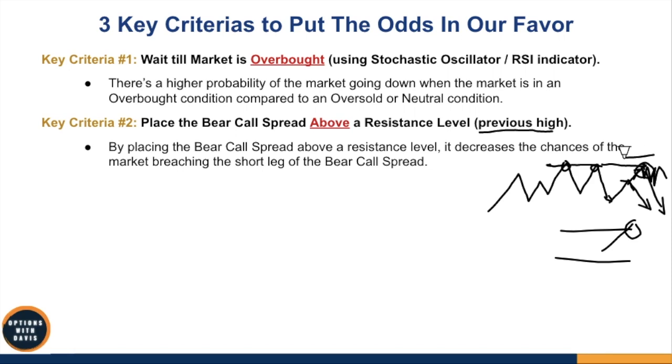So we have the short leg here, and then we have the long leg here. We want to make it as difficult as possible for the market to reach the short strike of our bear call spread, because if it goes above here, that's where we're going to lose money at expiration. So this resistance level puts up a barrier, which makes it difficult for the price to go up.